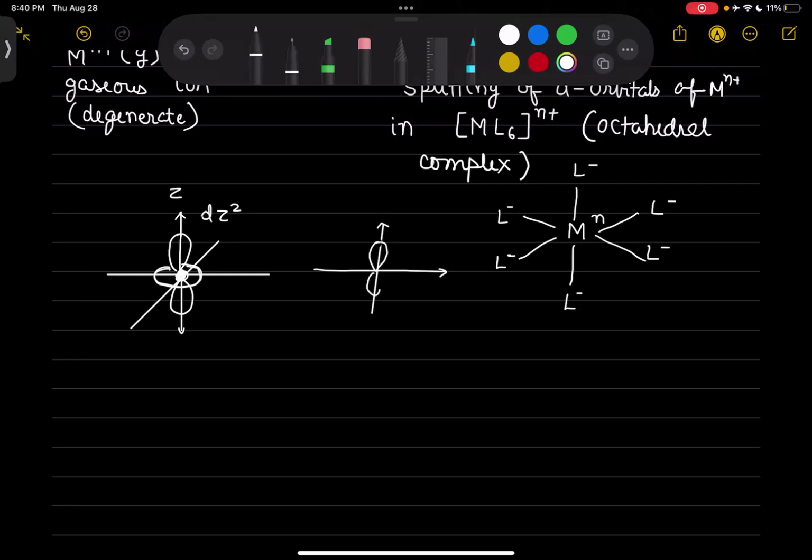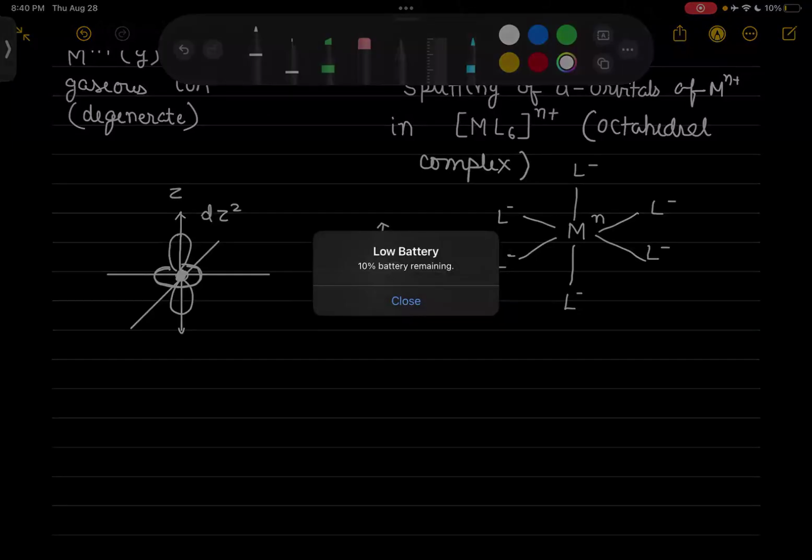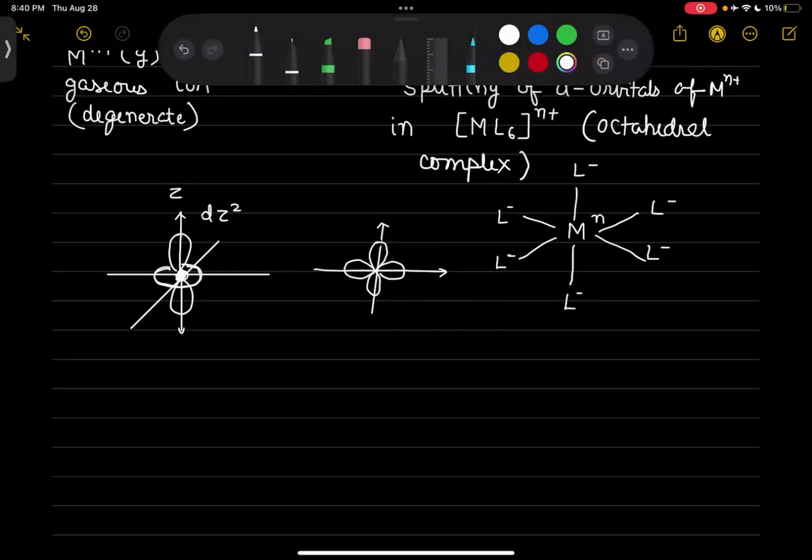In dx2-y2, there are 4 lobes of that orbital, and those 4 lobes are along the x-axis and y-axis. So these two constitute the EG set of orbitals, the orbitals whose electron densities are present on the axis.